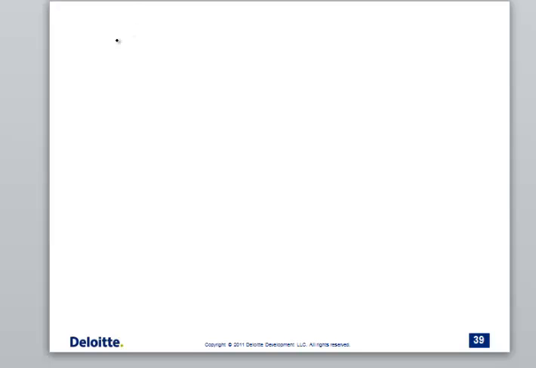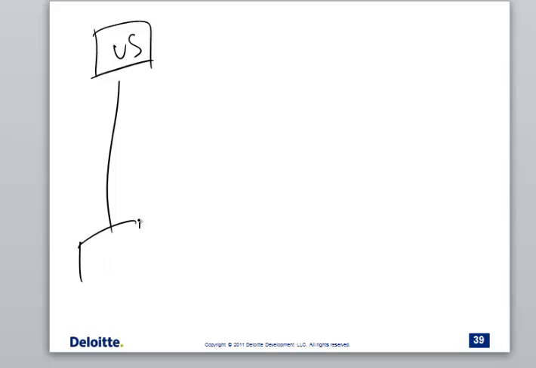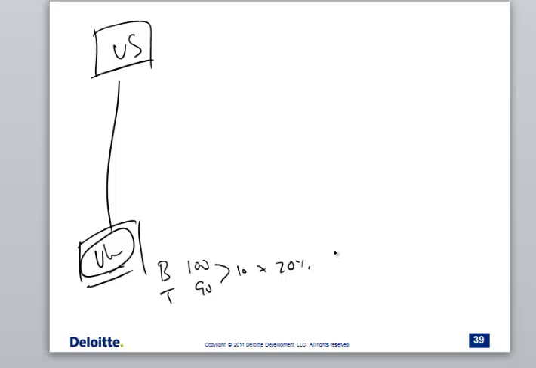So let me use a more basic example. So let's say I get a UK company, and for local purposes, let's say that its book basis in fixed assets is 100, its tax basis is 90, there's a difference of 10, tax rate's 20%, so I have a 2 DTL.